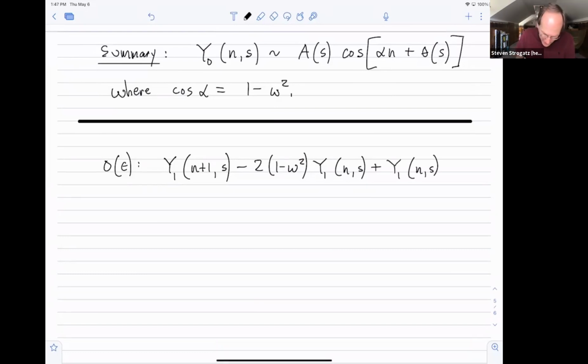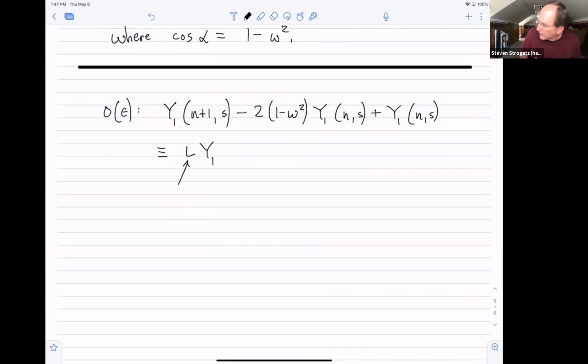So notice this is a linear difference operator acting on this function y1. I'm just underscoring what we've said many times in this course, that this is the same linear operator that we seen at the order 1 problem.